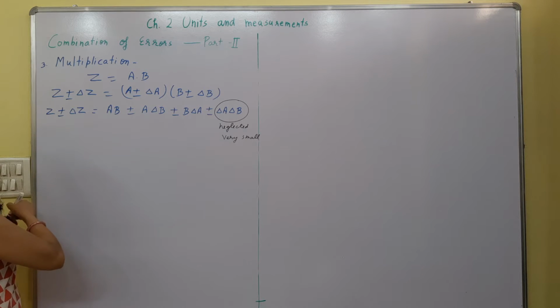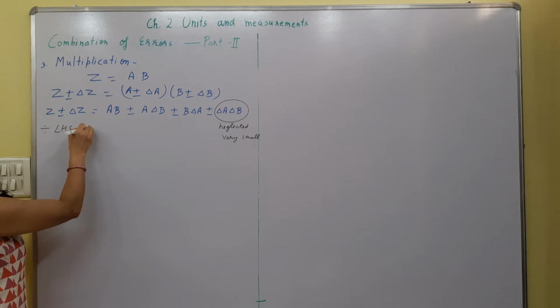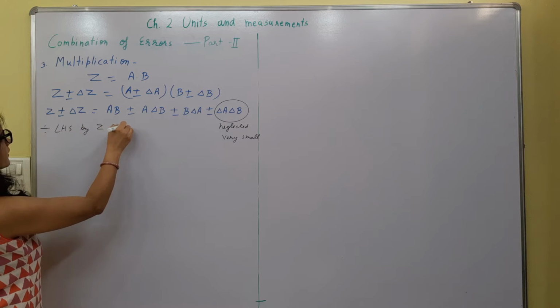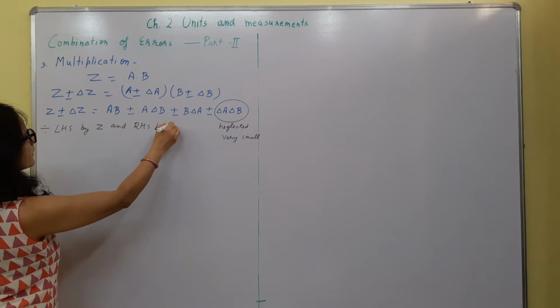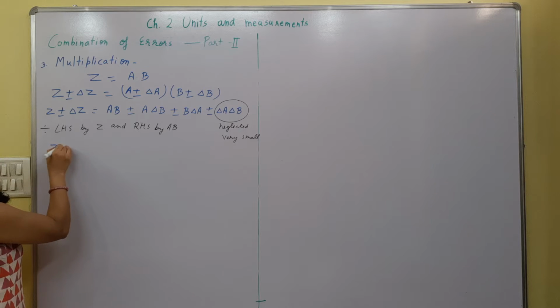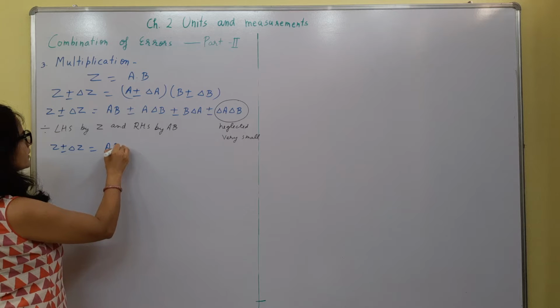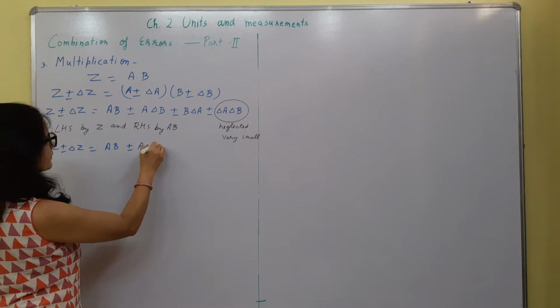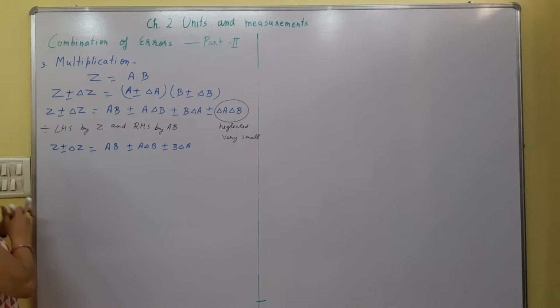So divide the left hand side by Z and the right hand side by AB, right? So this will be Z plus minus delta Z is equal to AB plus minus A delta B plus minus B delta A. So let's divide.